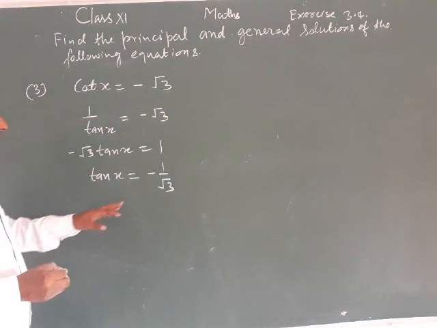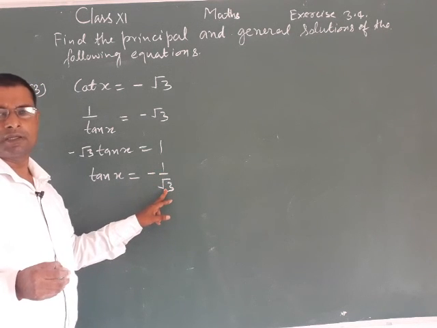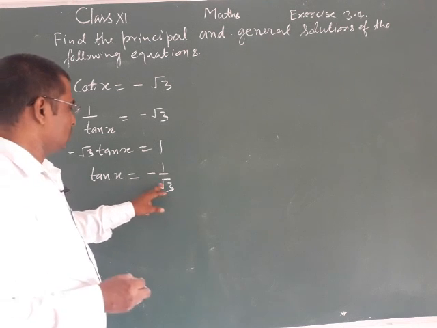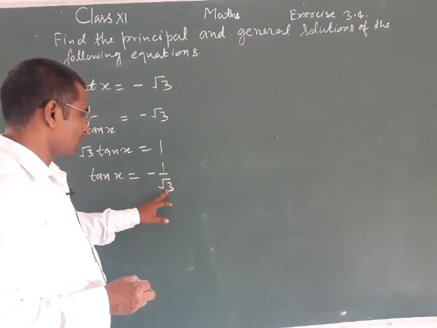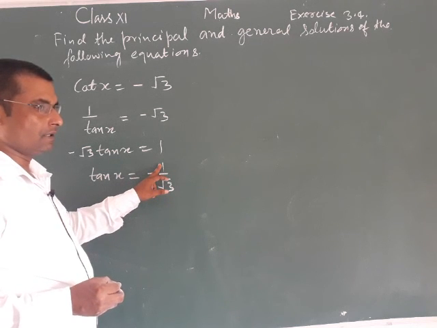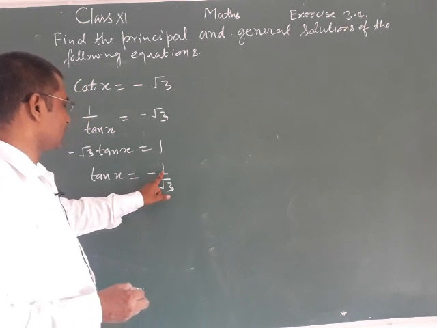Now the value of tan for 1 upon root 3 is pi by 6, which is 30 degrees.